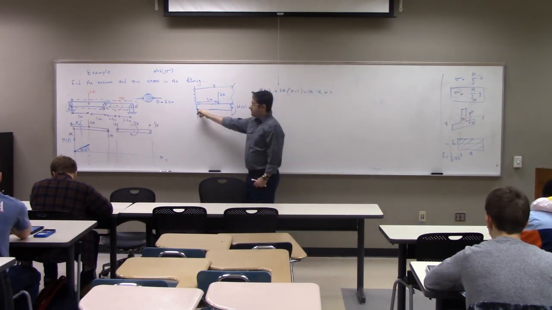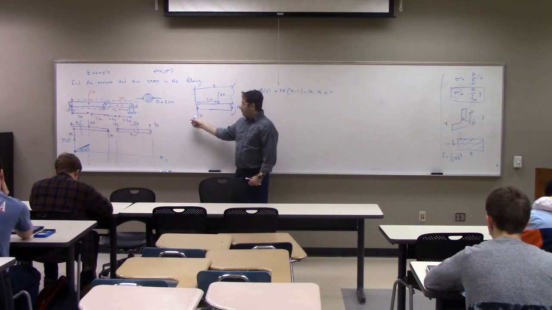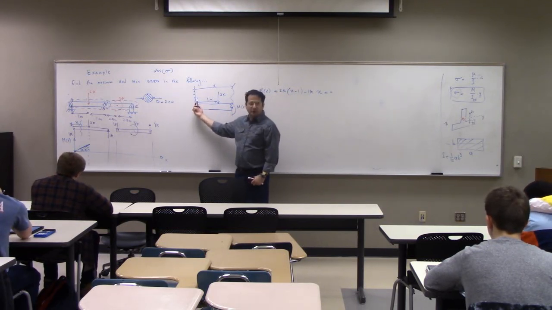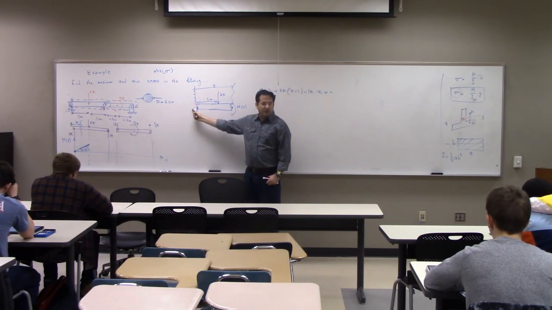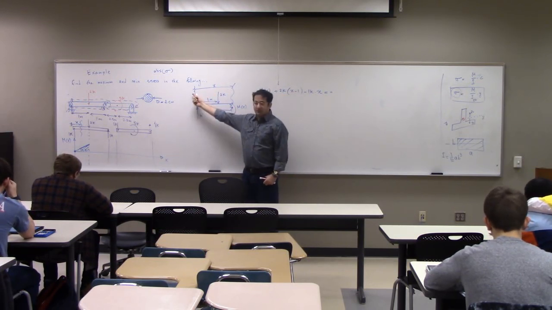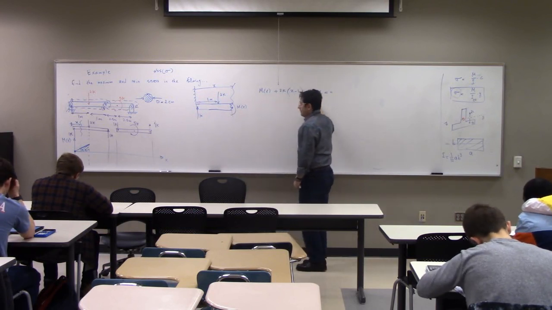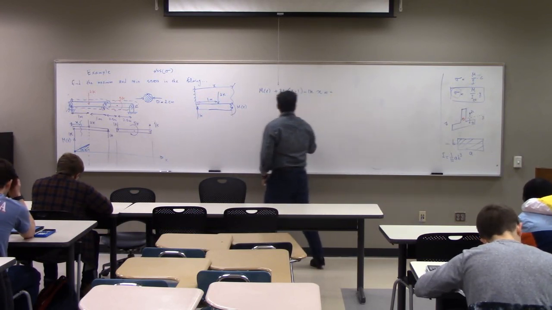Then you go to this point. What's the moment that comes from this force? Force times moment arm. The moment arm is from here to here. What is from here to here? X. Right? So that's the reason I have negative 1K times X, because it's 0.